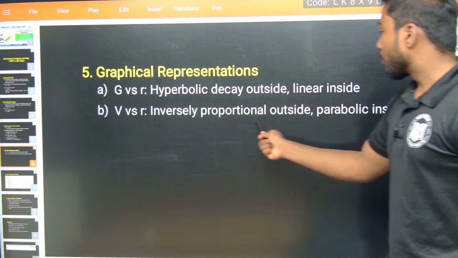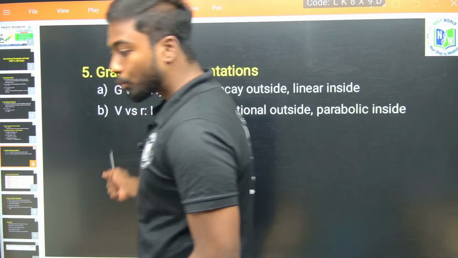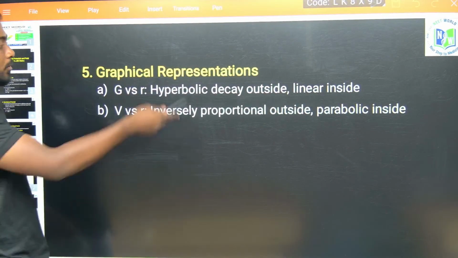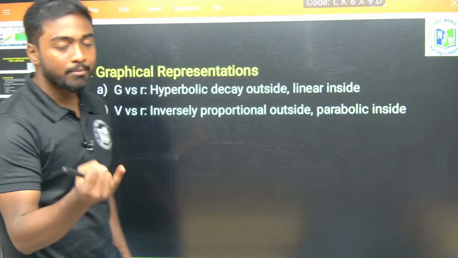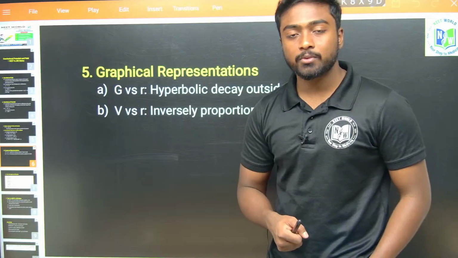So inversely proportional outside and parabolic inside. You can take a note of this, this is important. They may ask a question related to this graphical representation with V versus r and g versus r, intensity versus radius and potential versus radius.